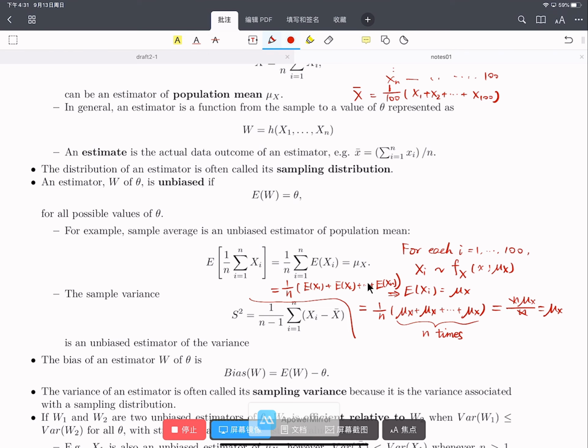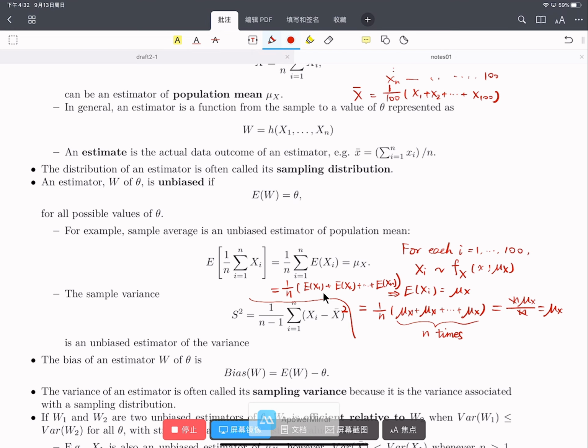And to estimate the population variance, the sample variance, the unbiased estimator is s squared equal to 1 over n minus 1 times the summation of xi minus x bar squared. I missed the square here.